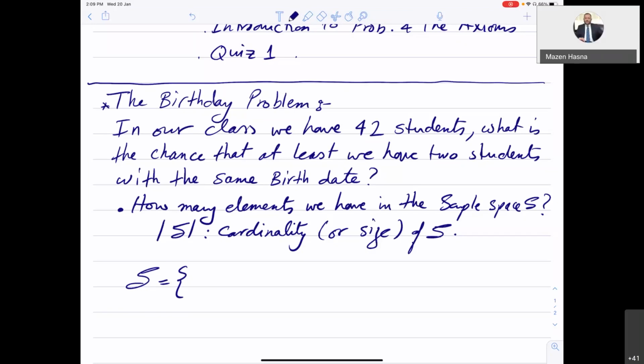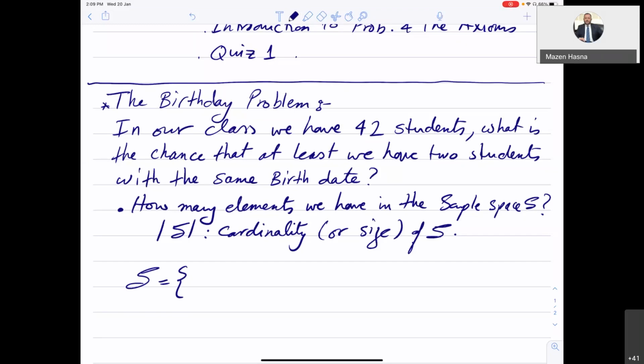The second thing, we have 42 students. What will be the elements of the sample space of their birthdays? The first element of the sample space is that all 42 students are born on January 1st.